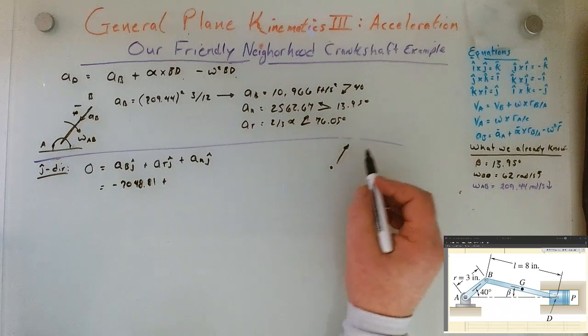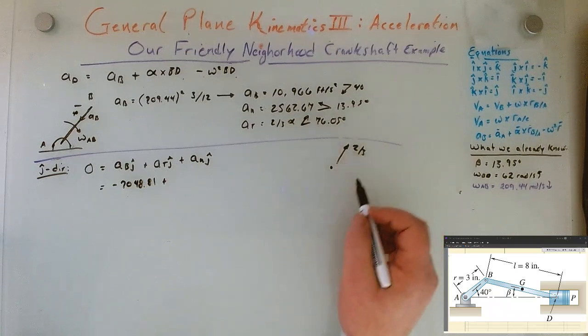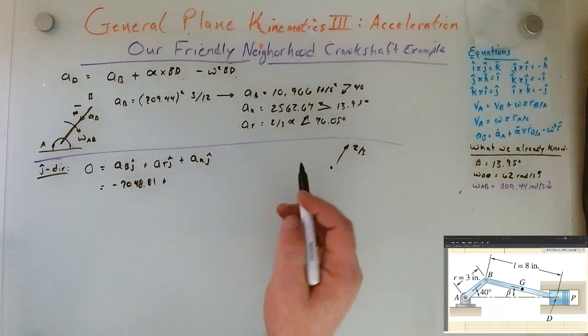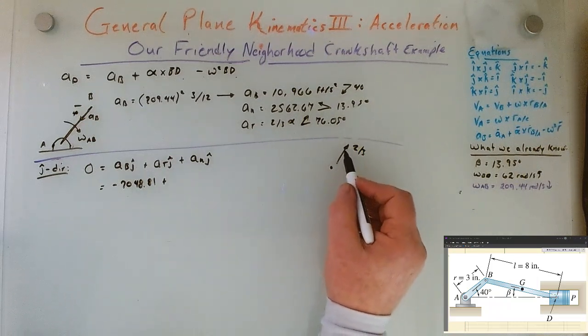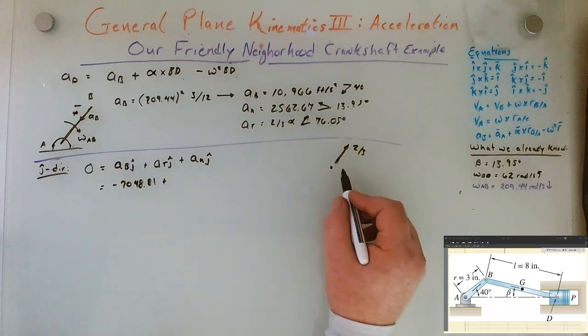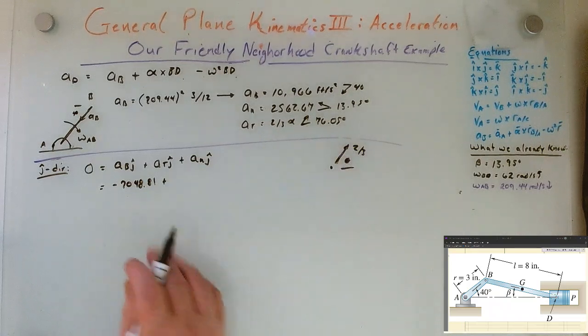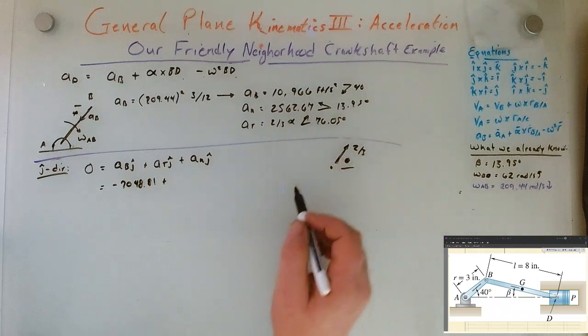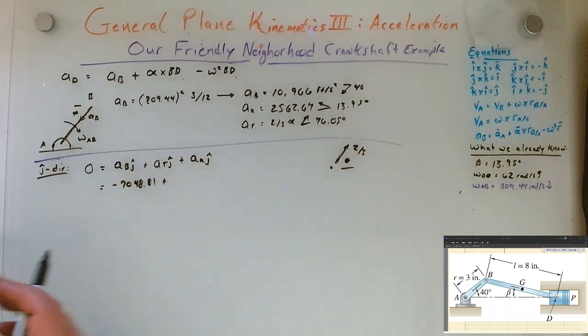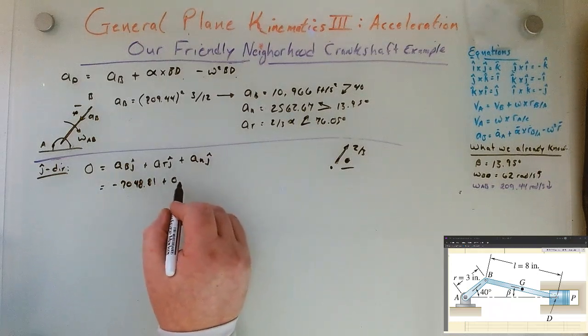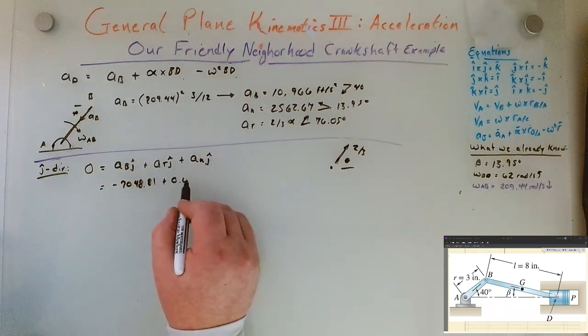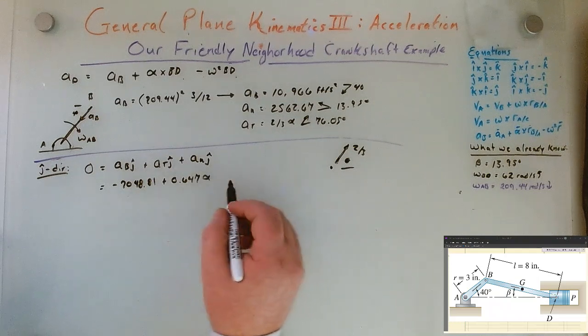Okay, and then plus, this is 2/3, so 0.667, and that is in this direction here. We have our theta there. We're interested in the vertical, so that is times the sine. So 0.667 times the sine of 76.05 degrees is 0.647 times alpha.